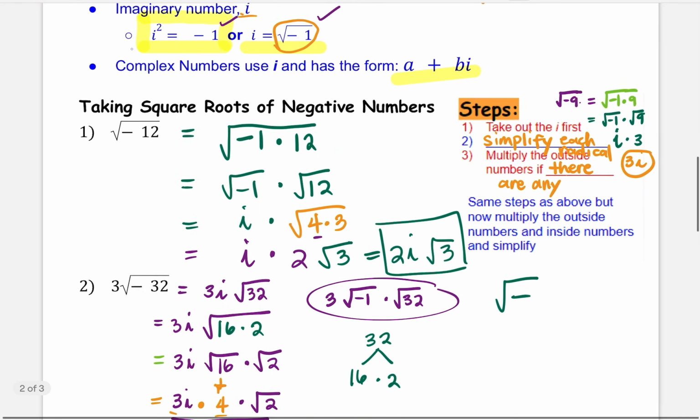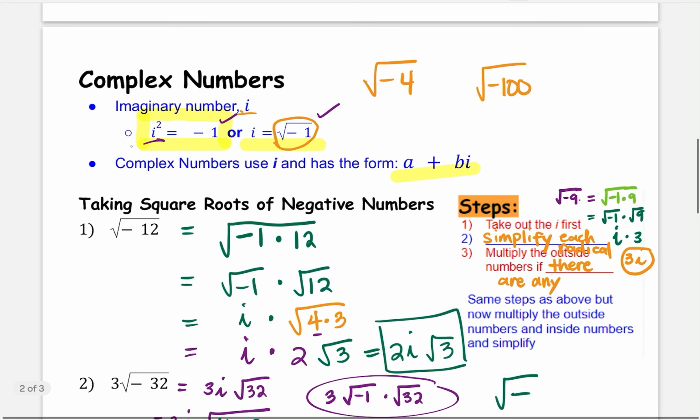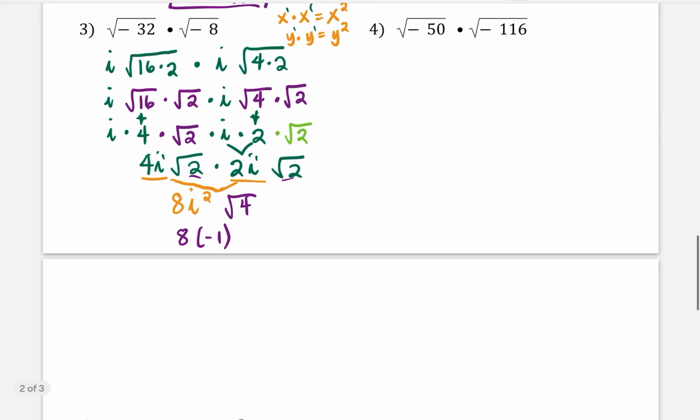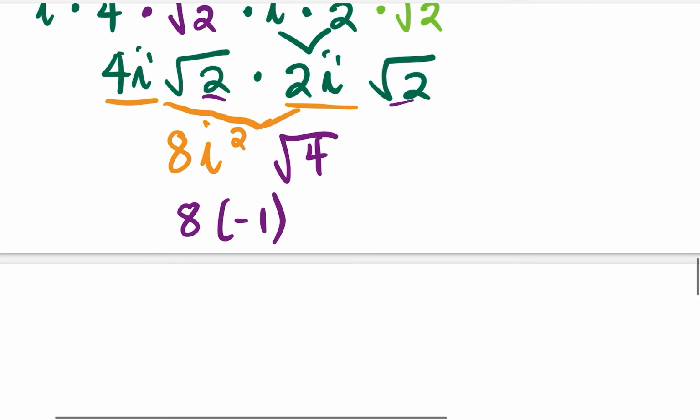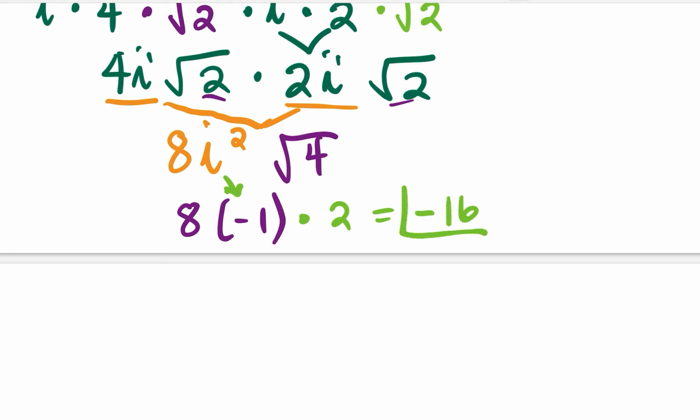Remember our notes up here, i squared is equal to negative 1. Okay, they're equal to each other, and so I can write negative 1 instead of i squared, and square root of 4 is 2, and so therefore the final answer is negative 16.